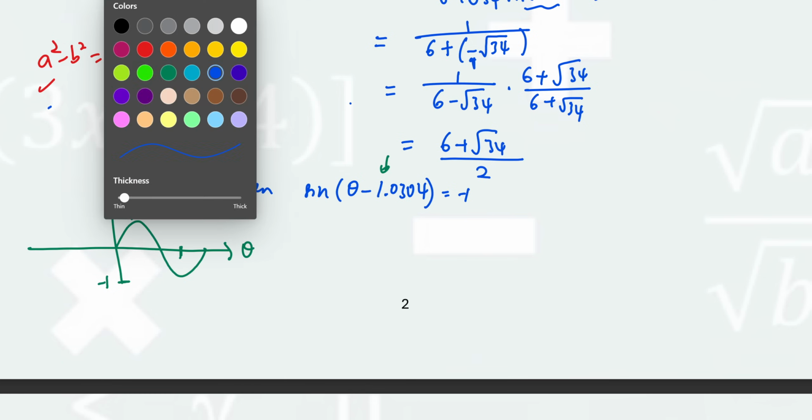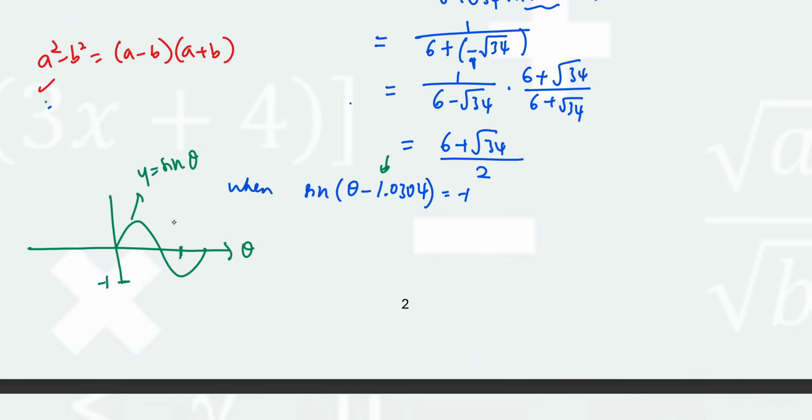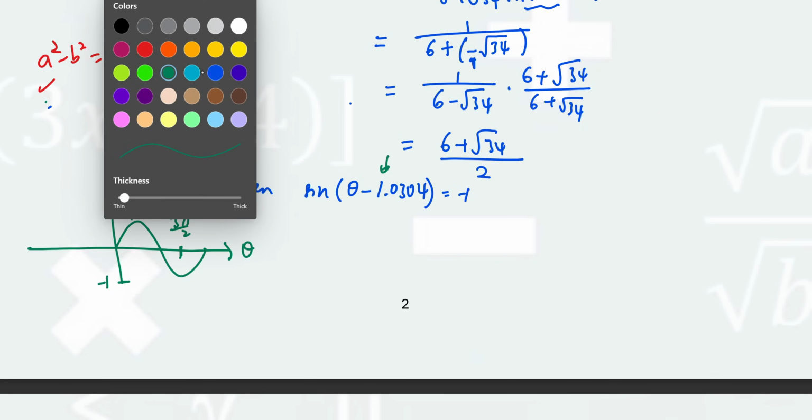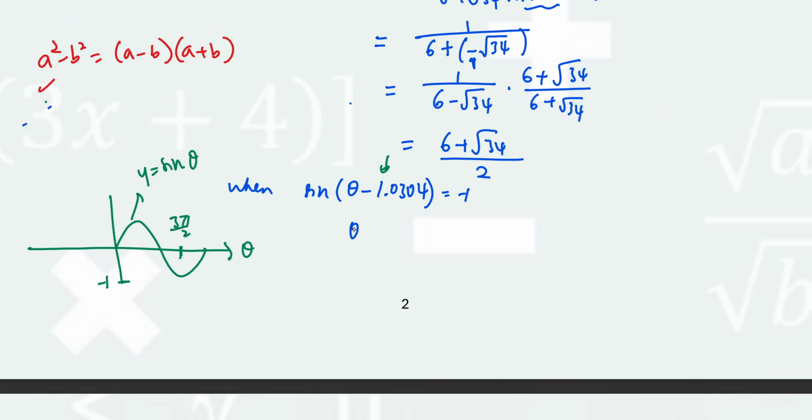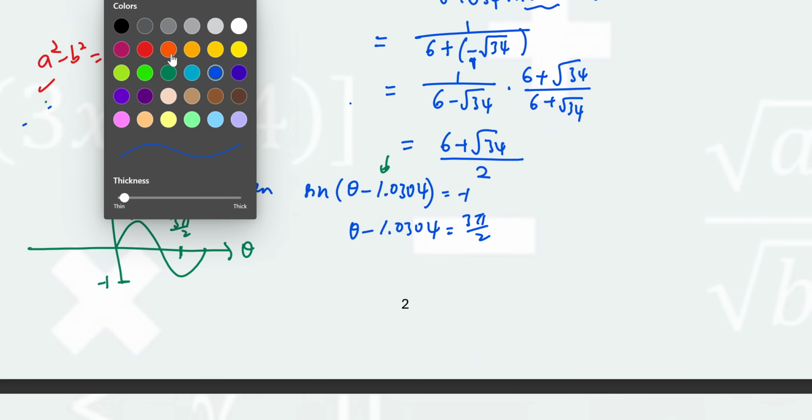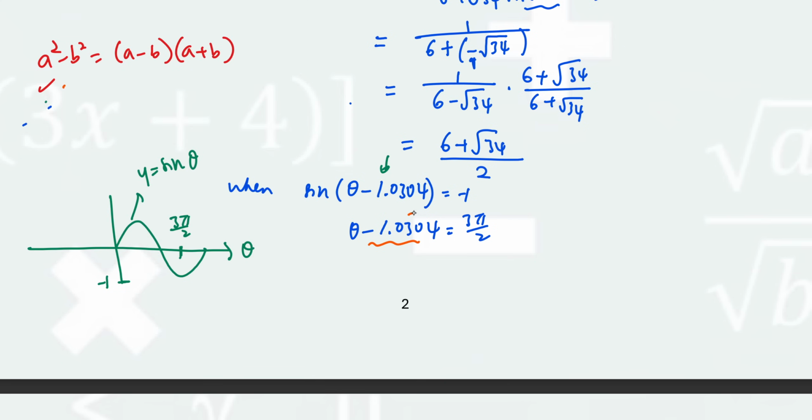So again, when you refer to the sine graph, this is going to be 3 pi over 2. Let's check here. It will be theta minus 1.0304 equals 3 pi over 2. So when I need to find theta, I'm going to move this negative value to the right side.